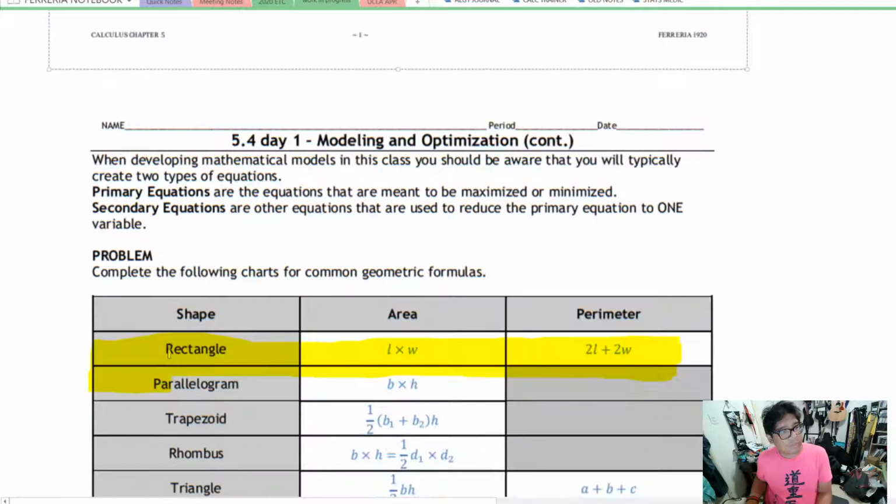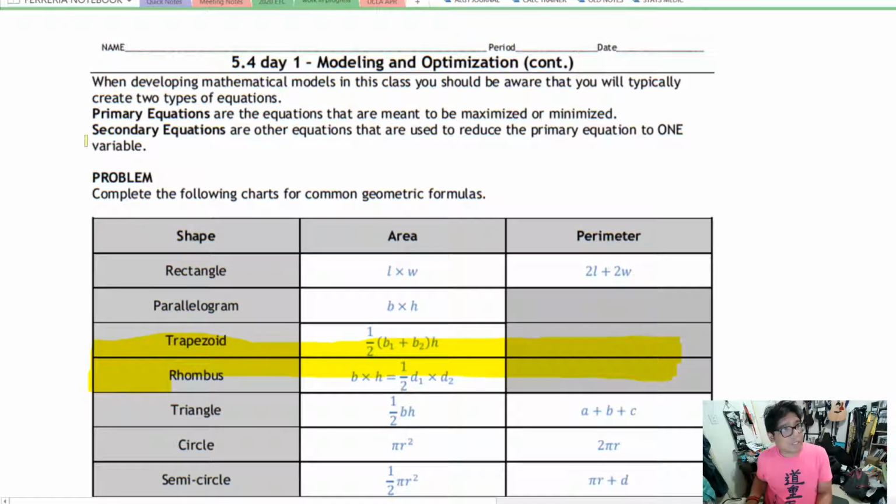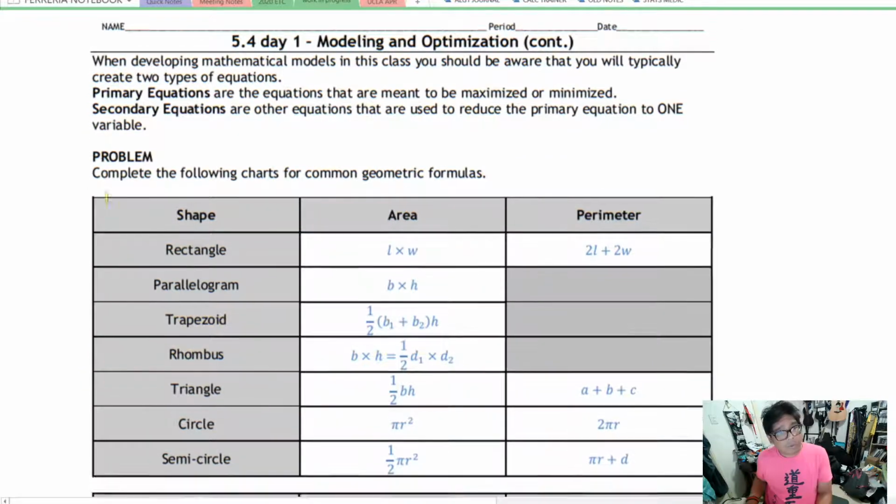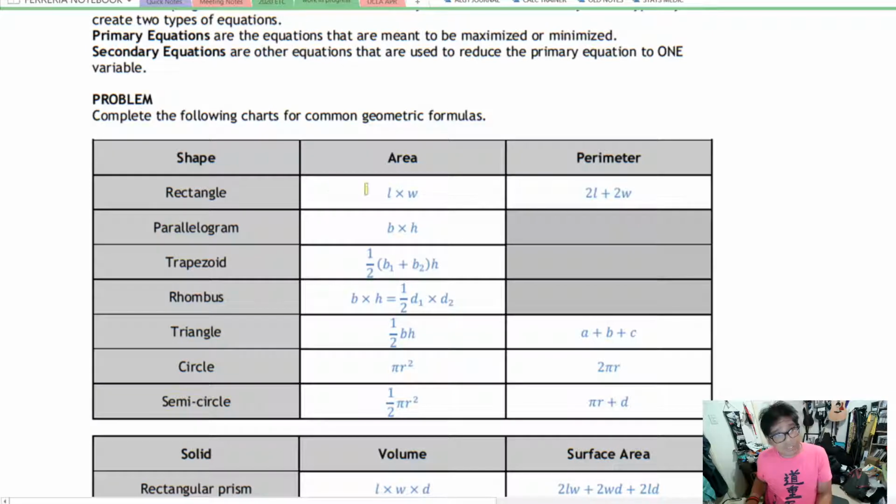So here we go. You probably have this chart in front of you. I just went and filled it all out. You're going to need to know the area and perimeter of certain objects. For example, if you have a rectangle, area is length times width, perimeter is 2 length plus 2 width.